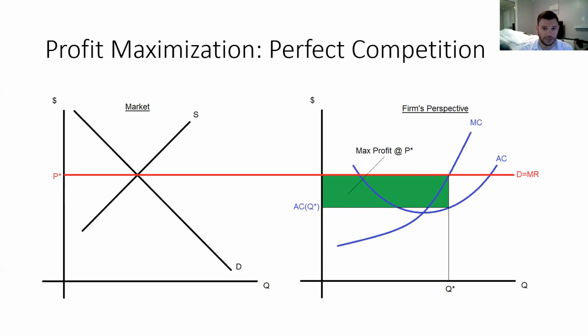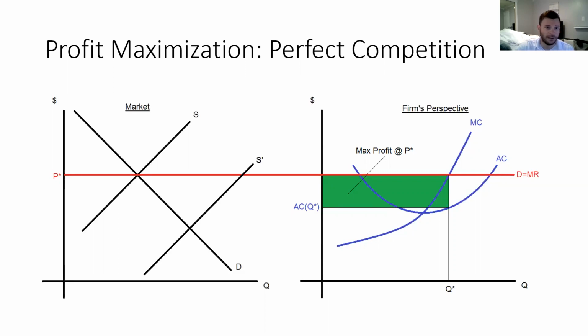So looking at this picture from the perspective of one firm is enough for us to infer that the case is also true for all of the firms. Now, once outsiders recognize that there is profit to be made in this industry, our prediction was that in the long run, when they're able to change their capital allocation and enter the market, the number of suppliers in the market in the left-hand diagram would increase, shifting that supply curve to the right.